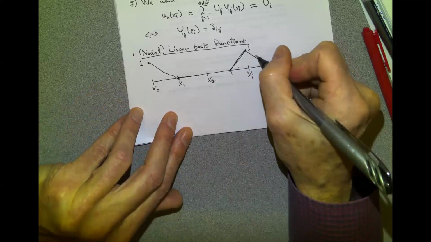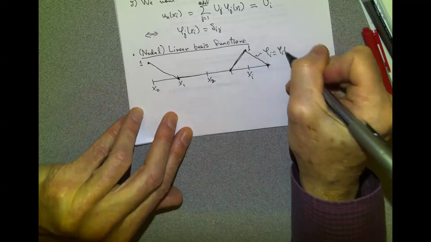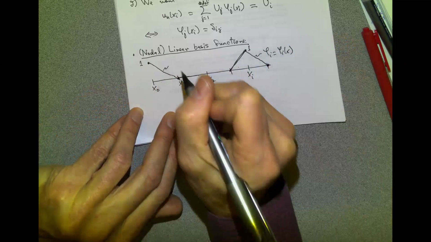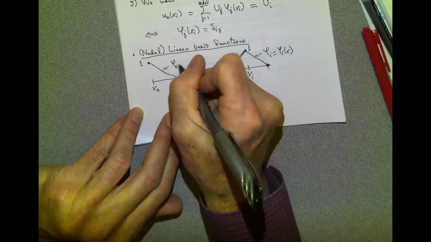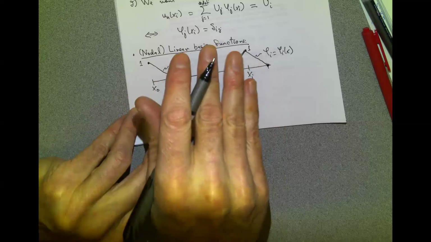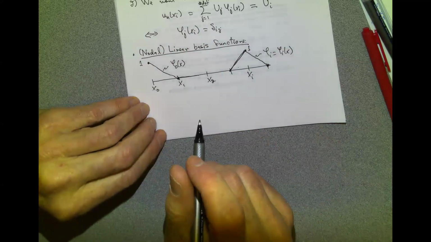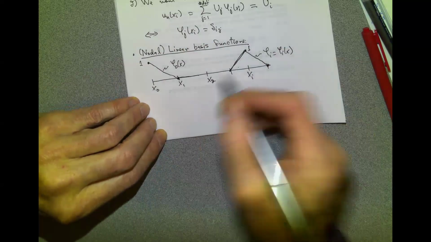This one is phi_i of x, and this one would be phi_0 of x, in case I need to include that function because I'm doing Neumann boundary condition. If I'm doing Dirichlet, these two endpoints are not included in the finite element space.